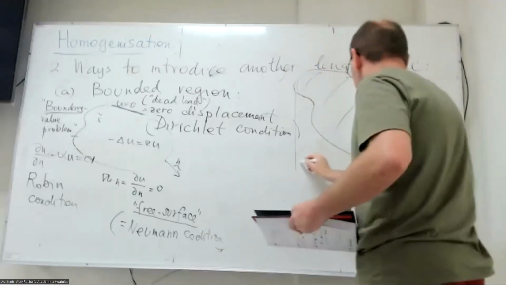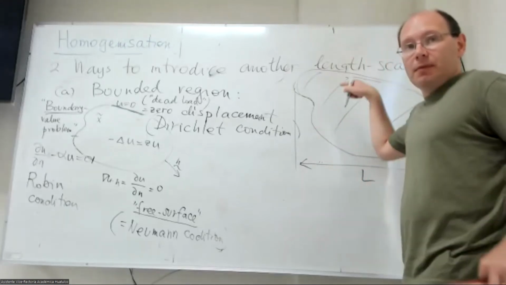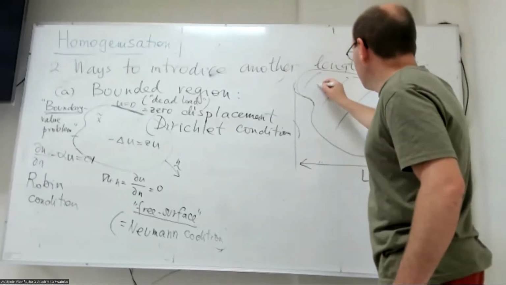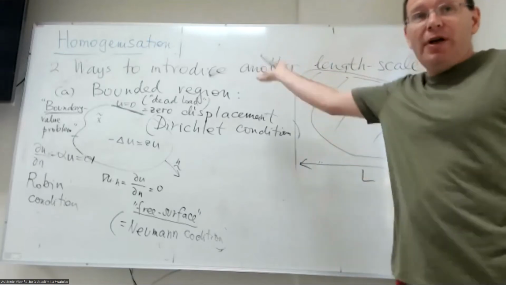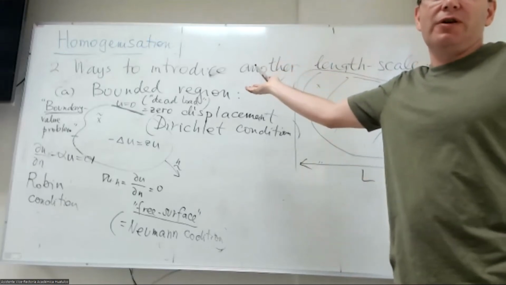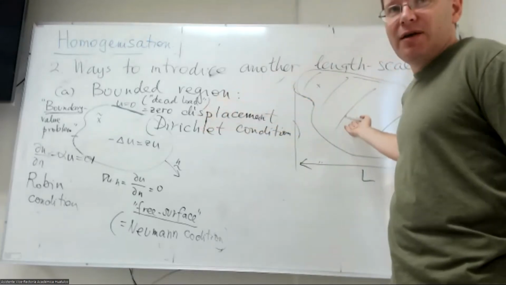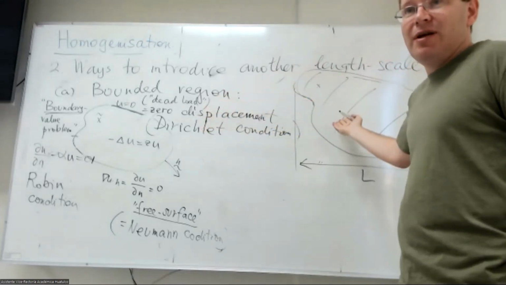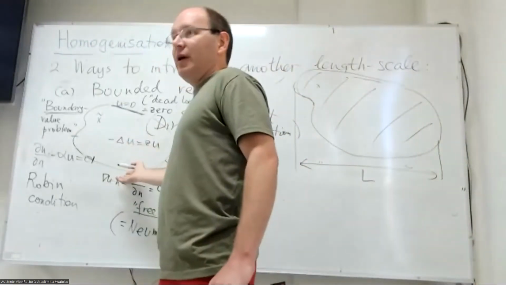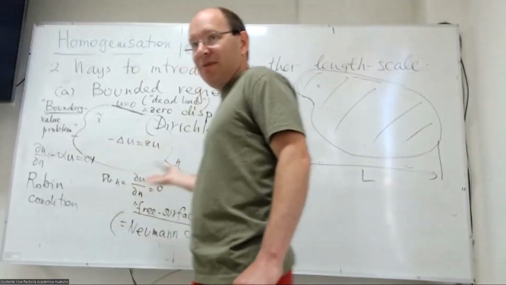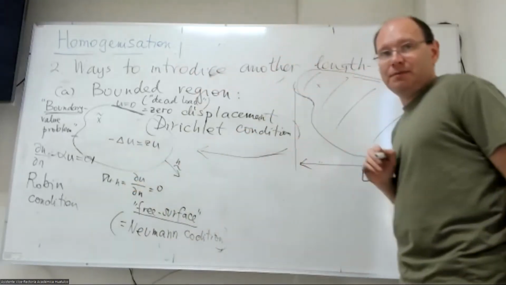But it has the typical size, capital L. I'll think of the points in this region as being labeled by x. They were labeled by x from the very beginning. Remember, I said x1, x2, x3. So it's not the same label. X is a label in the original region, the physical region, and x tilde is a label in some other one that I'm about to produce from this one.